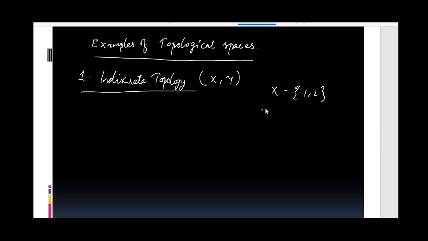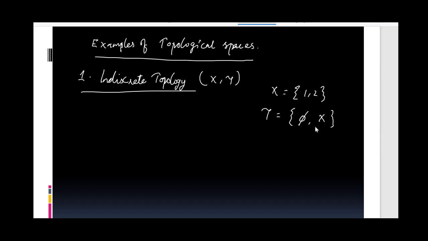Now I am defining script T as the empty set and this entire set, only these two elements. Now this will form a topology, right? First condition is satisfied, phi and X are there.